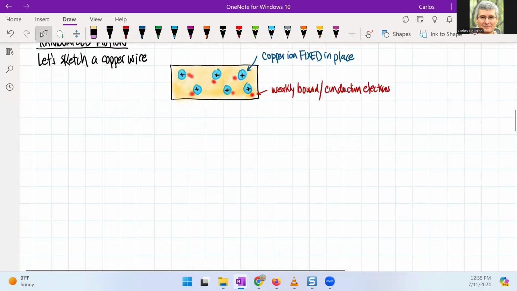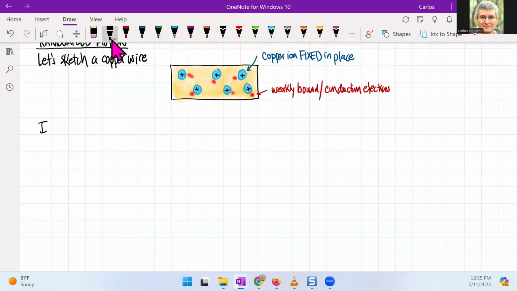If we start to deal with this question, imagine that we have an electrostatic situation. The first thing I want to do is talk about randomized motion. So that means the wire has to be in an electrostatic scenario.